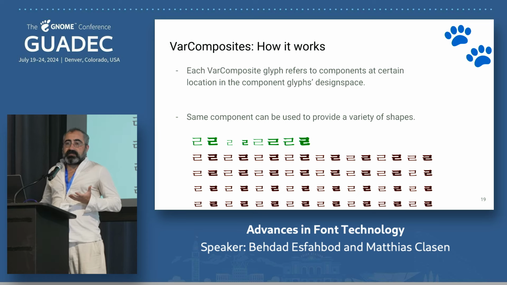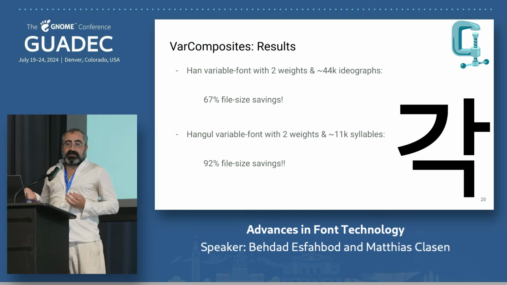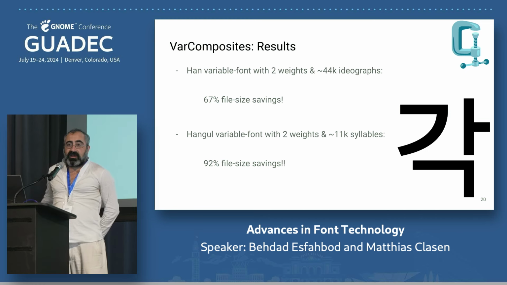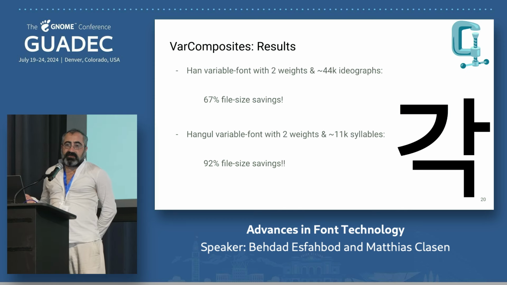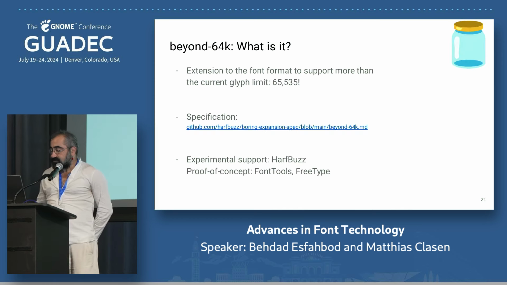So this technique is highly desirable for designing Chinese fonts or Korean fonts or Japanese fonts. For example, for a Chinese font that we tried this, there was a 67% file size saving, and for the Hangul font, a 92%. That means the new font is only 8% of the original font.